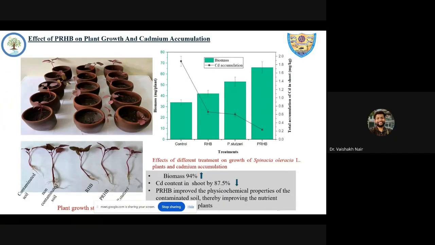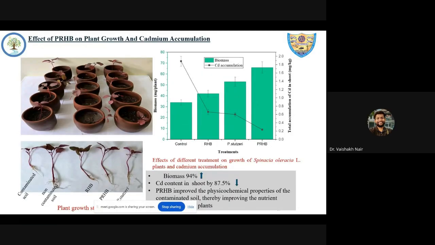And we checked the cadmium accumulation inside the plant. We took the plant, dissolved different parts of the plant, and then did the ICP-OES, which gives you an idea about the metal ion fraction.